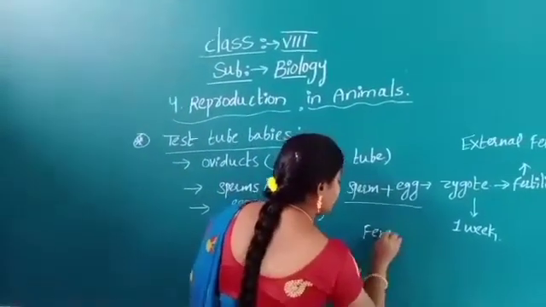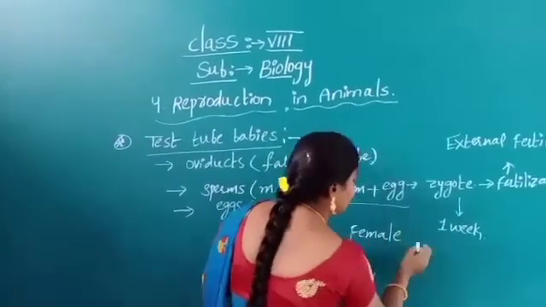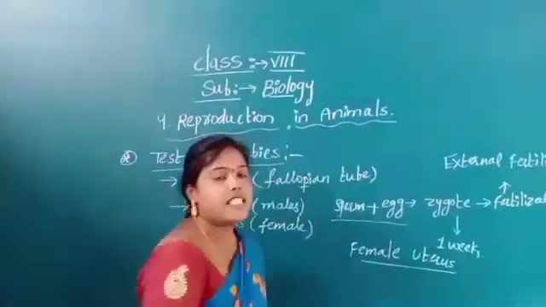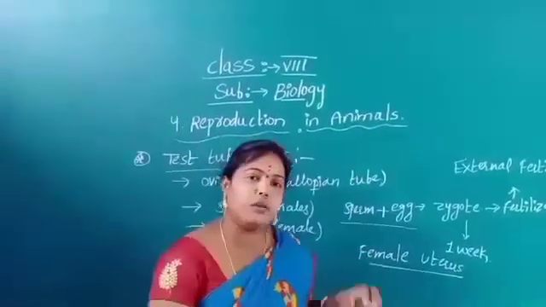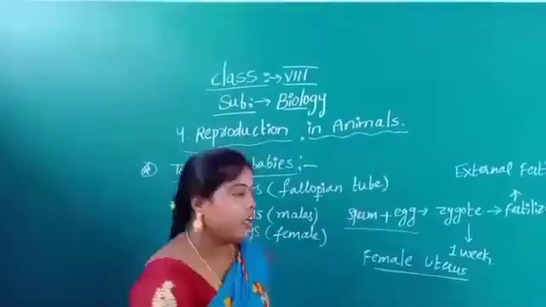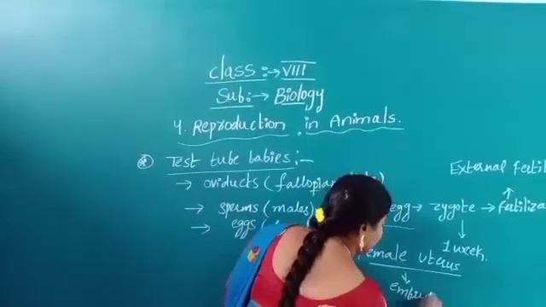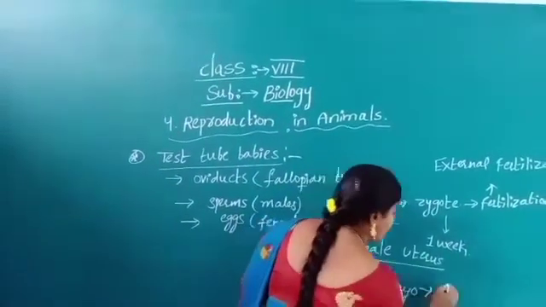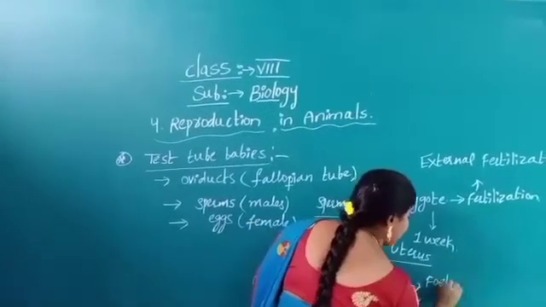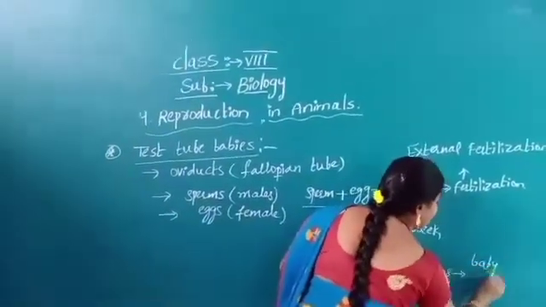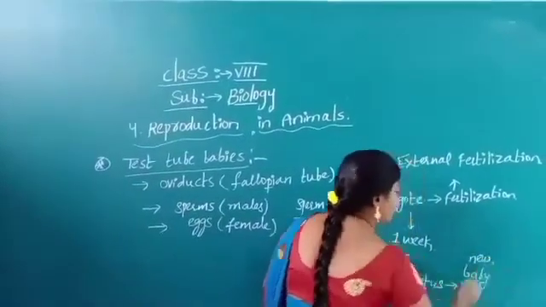The zygote develops in the female uterus to form an embryo. This embryo develops into a fetus, and the fetus develops into a new baby.